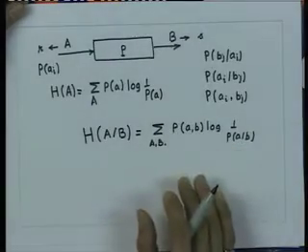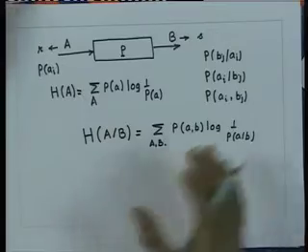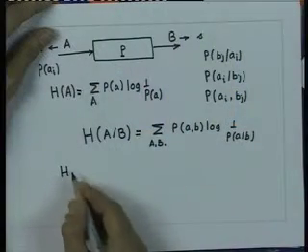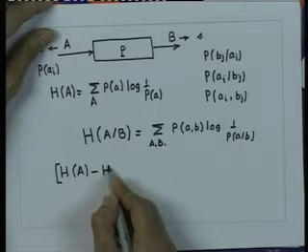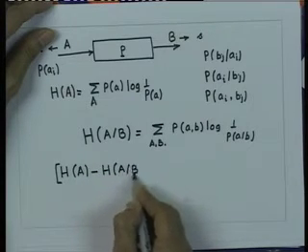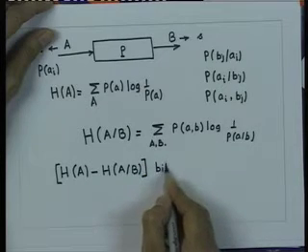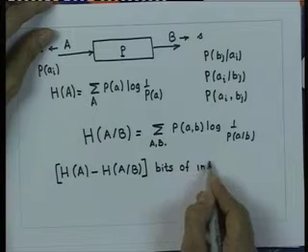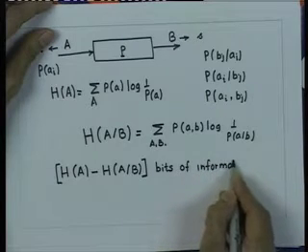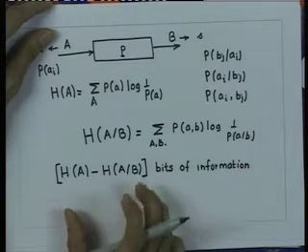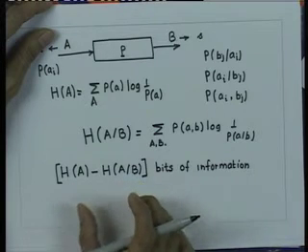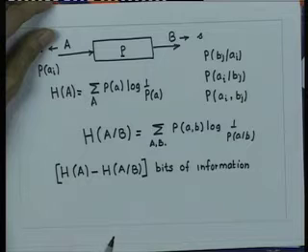It follows that on the average, observation of a single output symbol provides us with H(A) minus H of A given B bits of information.